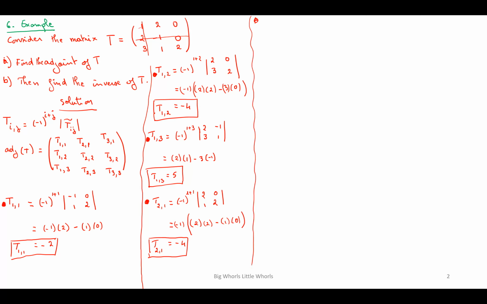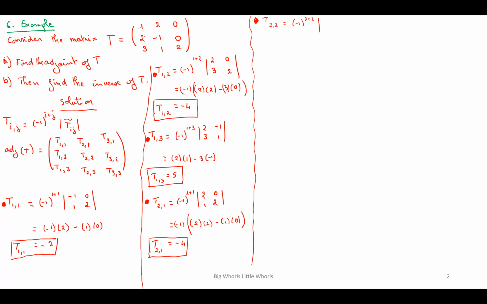Now let's find T22, which is equal to minus 1 to the power of 2 plus 2 multiplied by the determinant of the following matrix.